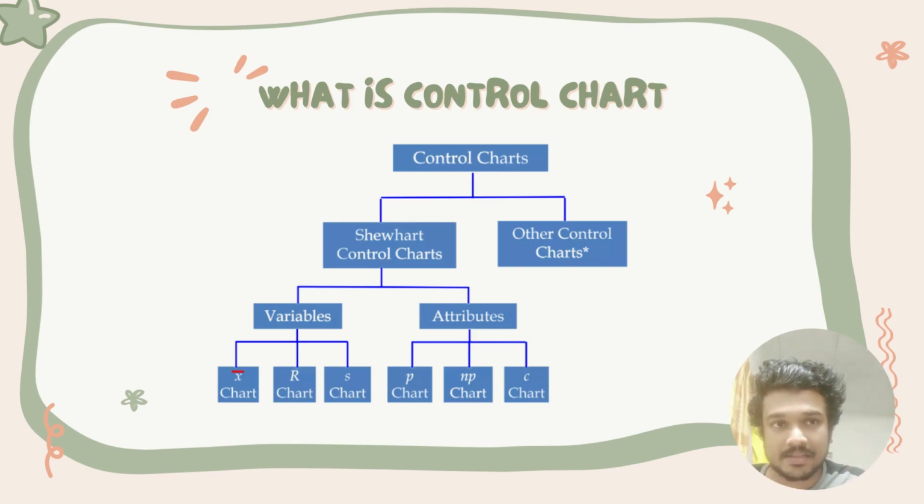The difference between the variable and attribute control charts is that variable charts are used to monitor continuous characteristics of products, while attribute control charts are applied to monitor quality characteristics which are not possible to be expressed in a numerical state. Variables and attributes can then be segregated into three each, which are the X chart, R chart, S chart, and the P chart and C chart respectively for variables and attributes.